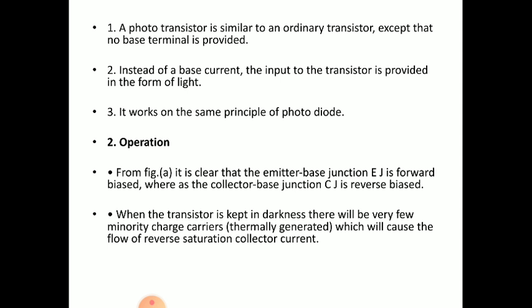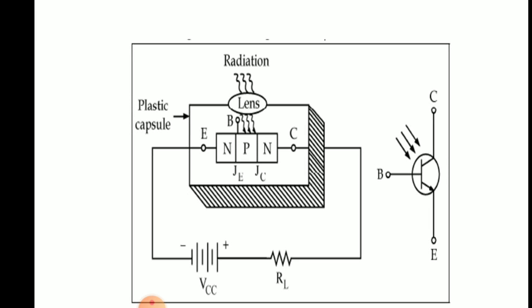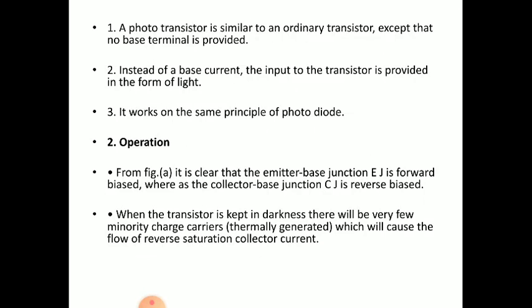A phototransistor is similar to an ordinary transistor except that no base terminal is provided. So the base is left open and enclosed in the plastic itself, so it is not available for connection. Instead of a base current, the input to the transistor is provided in the form of light. In the common emitter configuration, if you remember, the emitter is made common and the input is given to the base.